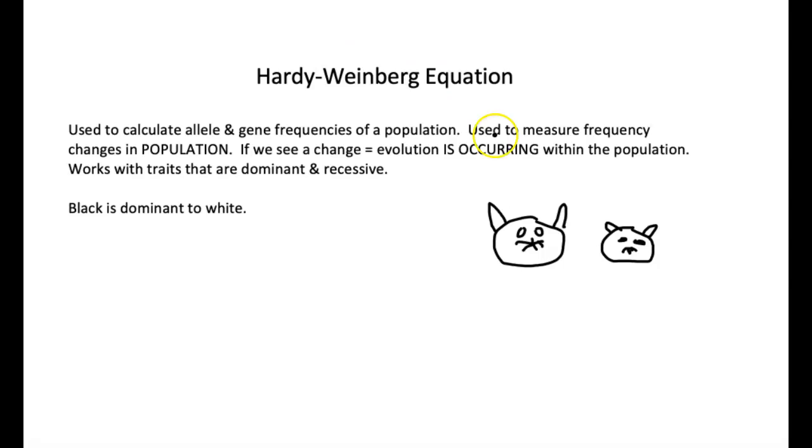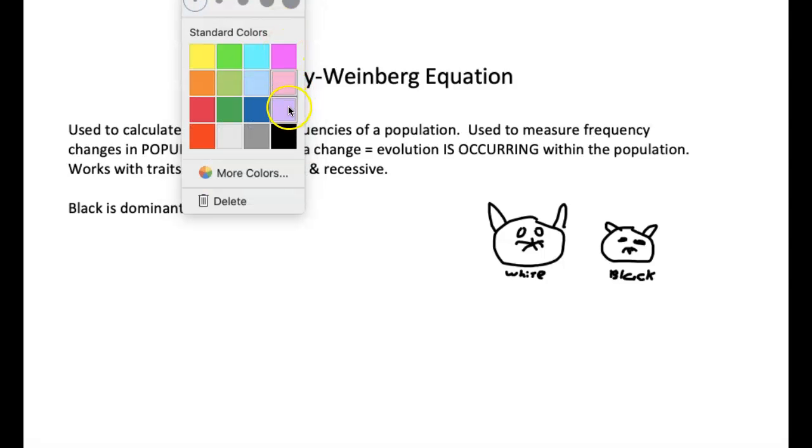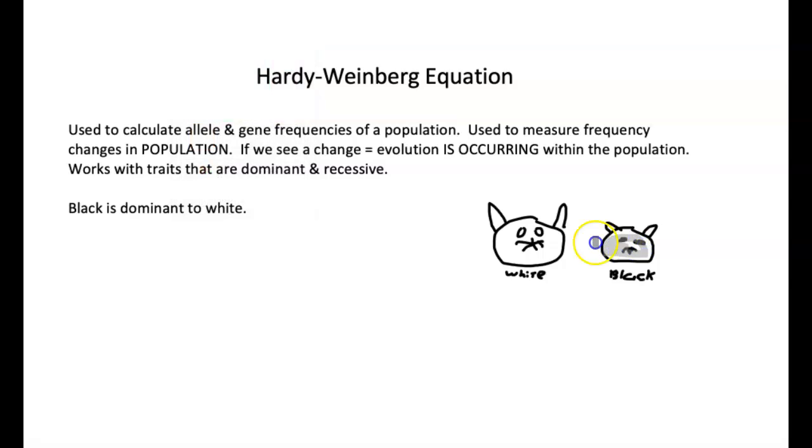So these cats, we'll say these cats are all white. They have white fur, which is produced by a gene. And these cats have black fur, which is also produced by a gene or an allele. So the black cat, to make it a little easier, I'm just going to shade them in. Or we could say light versus dark, whatever.